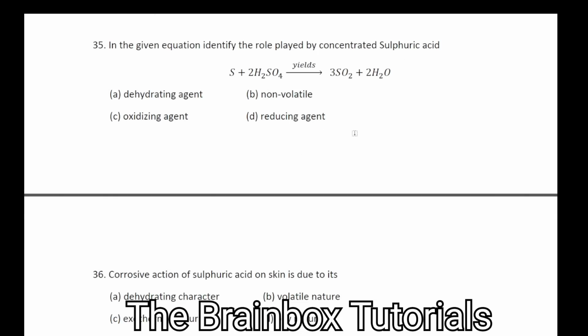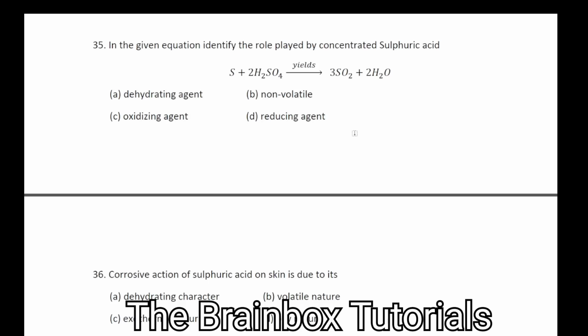Now number 35. In the given equation, identify the role played by concentrated sulfuric acid. So here it is written S plus 2H2SO4 has produced 3SO2 plus 2H2O. And the options are A, dehydrating agent, B, non-volatile, C, oxidizing agent, and D, reducing agent.